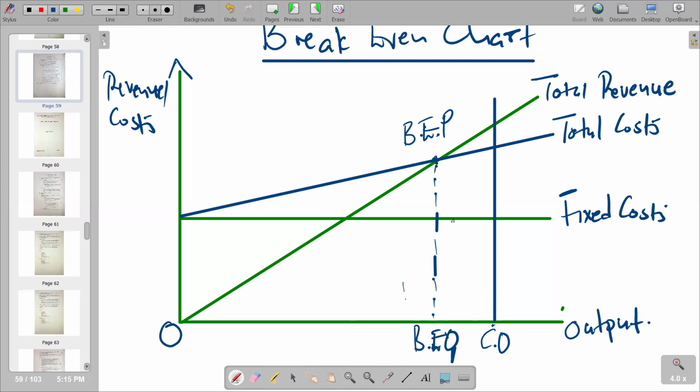So we have the space between break-even quantity and current output, that is here. So we can show it by saying the space that we have here. Basically, that's what we have, and we can label it again. The difference between current output and break-even quantity represents the margin of safety.